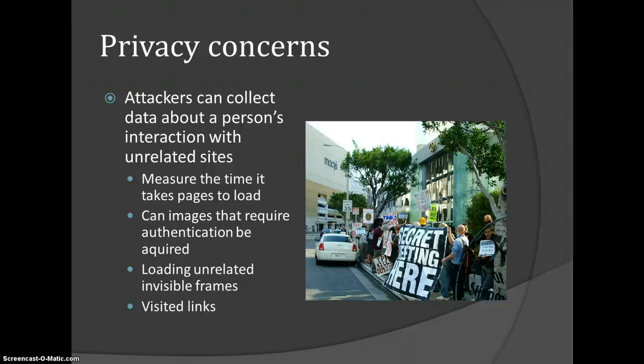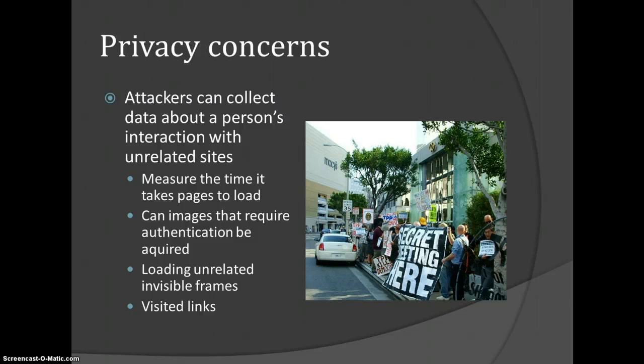The idea being if the page loads fairly quickly, it's probably been cached by the browser, meaning it had already been visited. So if an attacker can go through a list of sites in that way and measure the time, which is fairly simple to do with JavaScript, they can figure out what sites the user had already been to.